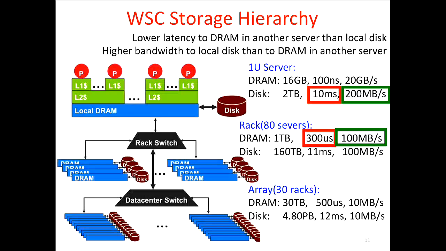Here, what is interesting is to compare the access to the local disk and the access to DRAM outside a single server. The latency to a local disk is 10 milliseconds, and the latency to DRAM outside a server but inside a rack is 300 microseconds, which is much shorter.